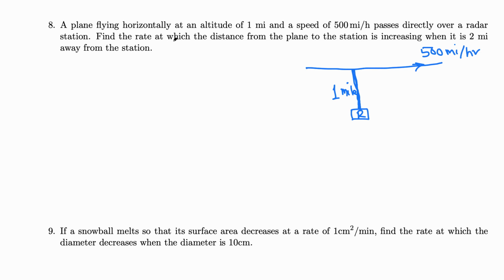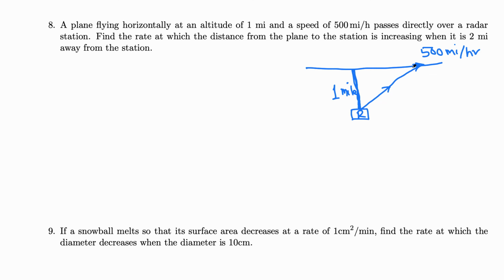Find the rate at which the distance from the plane to the station is increasing when the plane is 2 miles away from the station. So the plane is somewhere here and the station, so this direct distance is continuously changing. It is 1 mile up, okay.